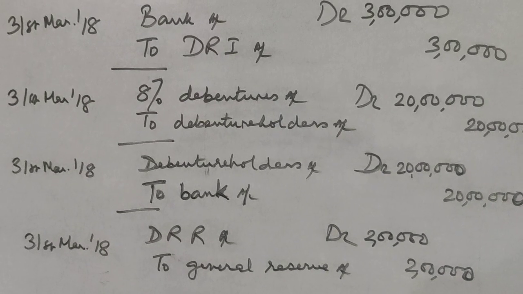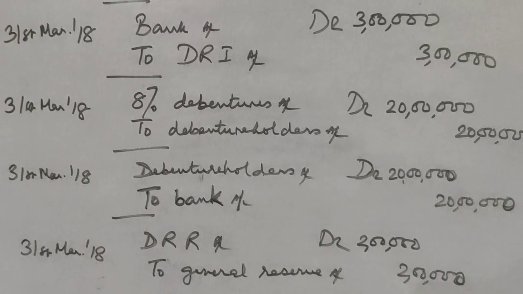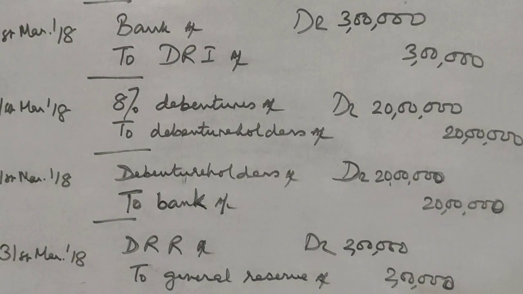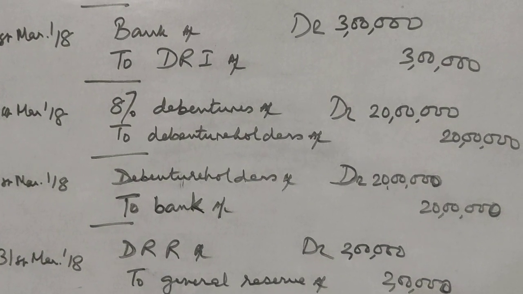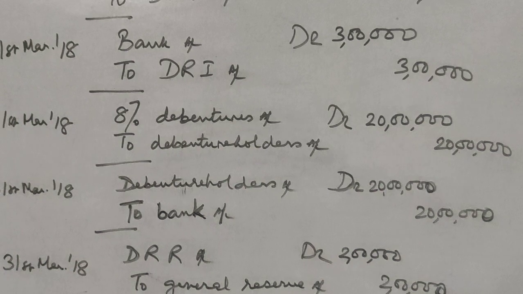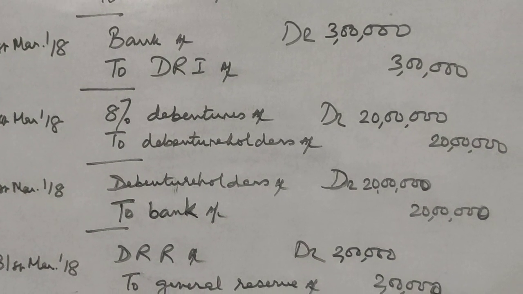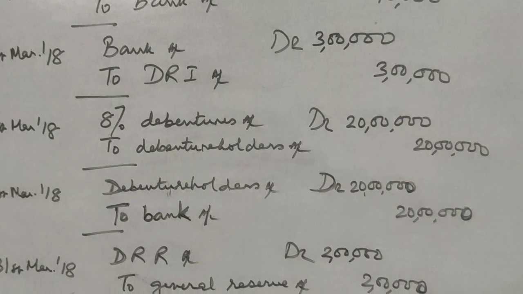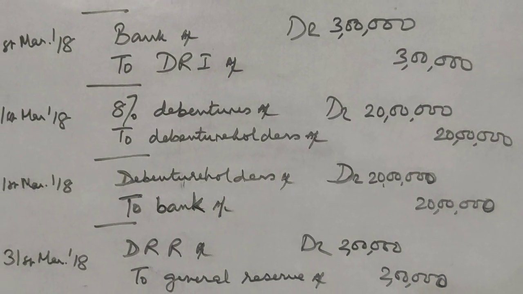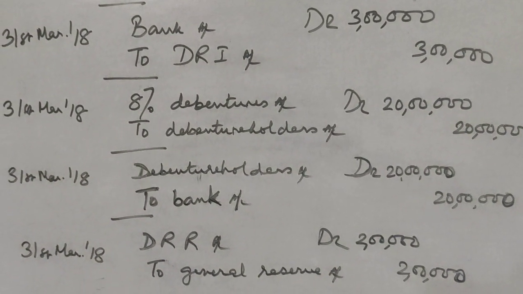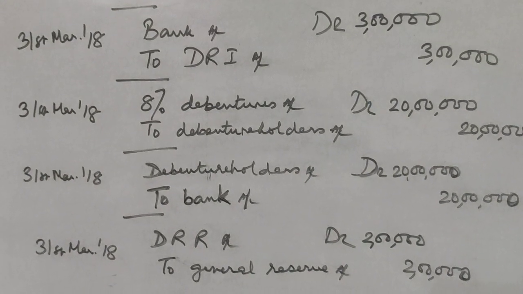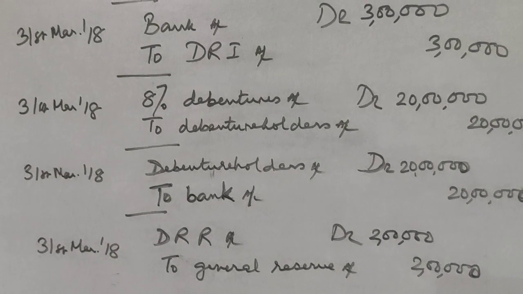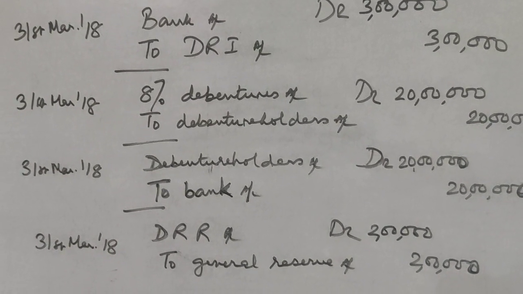The debenture redemption investment should be equal to 15% of the debentures to be redeemed, not outstanding. The face value of the debentures to be redeemed, 15% of that should be equal to the investment. And debenture redemption reserve should be equal to 10% of the debentures outstanding, not the total debentures.